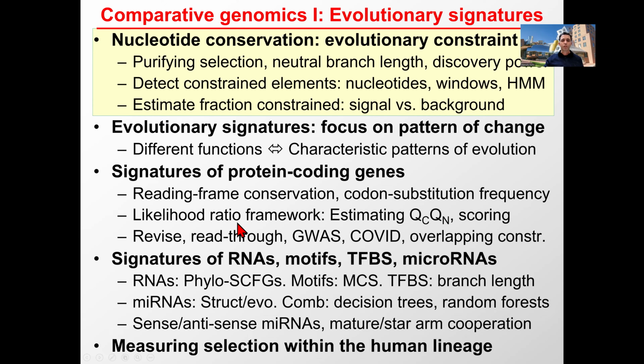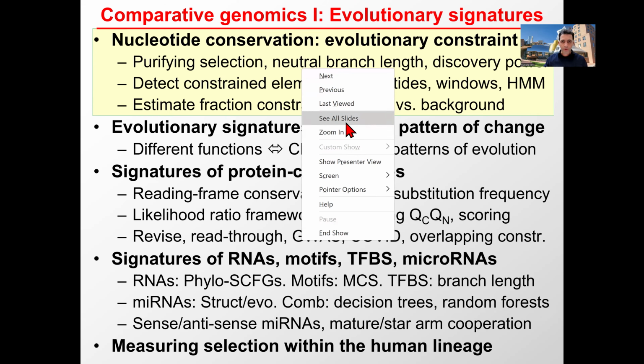We're going to look at such signatures for protein coding genes, and then for RNAs, motifs, regulatory sites, and microRNAs. And then we're going to talk about how we use all of the modern deep learning methodologies to go beyond just simply nucleotide level conservation and beyond pattern conservation to functional conservation.